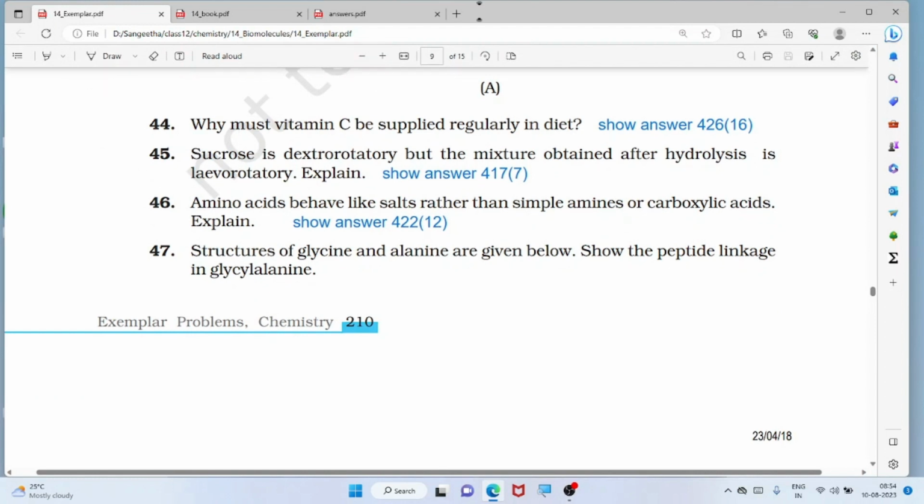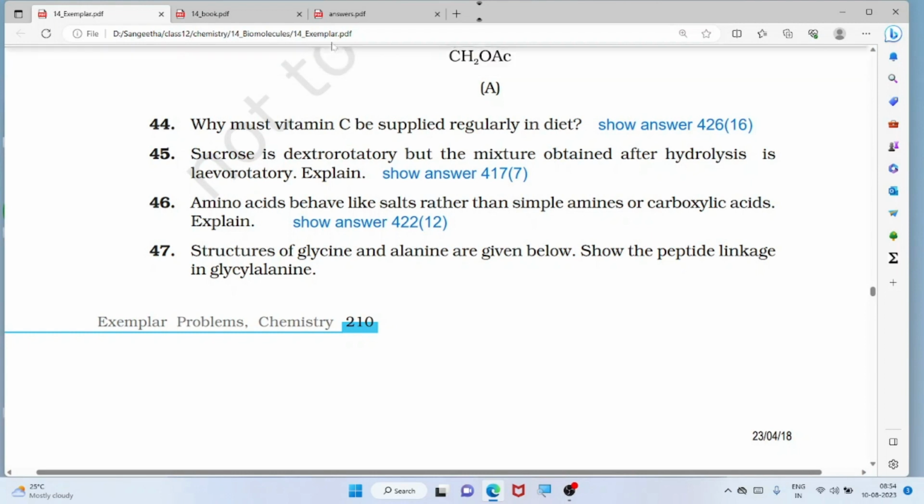Sucrose is dextrorotatory, but the mixture obtained on hydrolysis is laevorotatory. Explain.